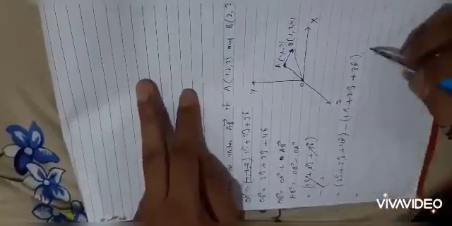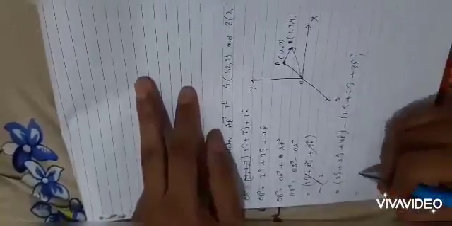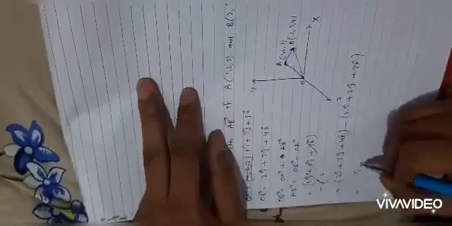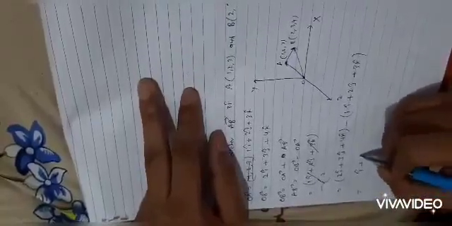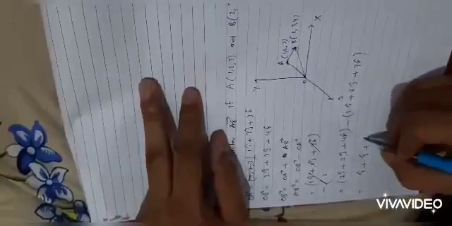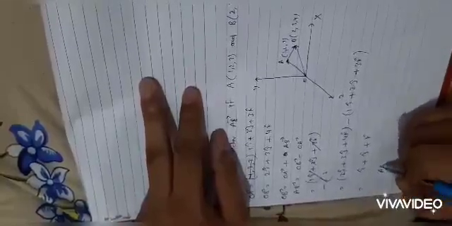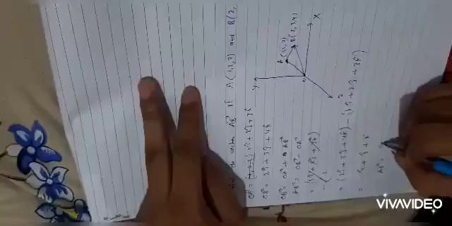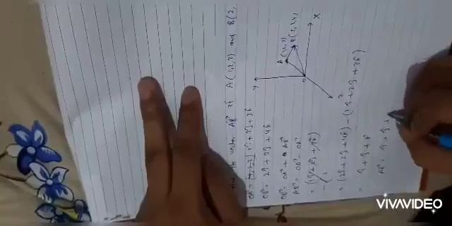So after subtracting all these, what we are getting? We are getting I cap plus j cap plus k cap. So our AB vector is I cap plus j cap plus k cap.